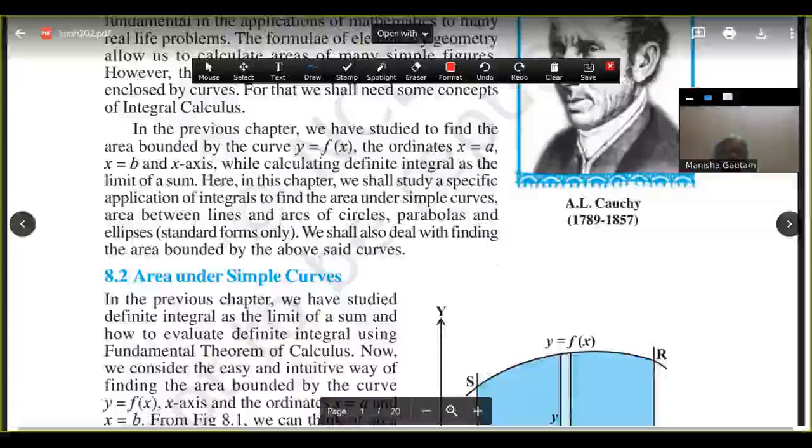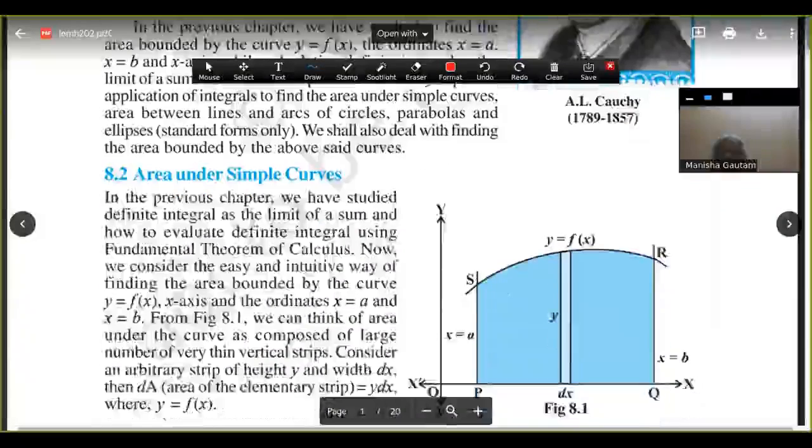That figure is under the curve, between two lines, between two circles, parabola and line, ellipse and line, and few other concepts of enclosed region we will study in this chapter. Here, first of all, we will study what type of concept we will use in this. That is first, area under simple curves.